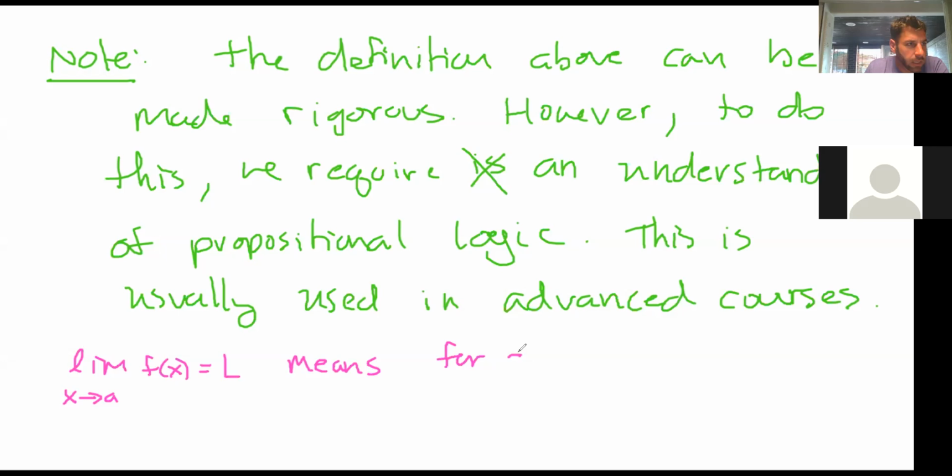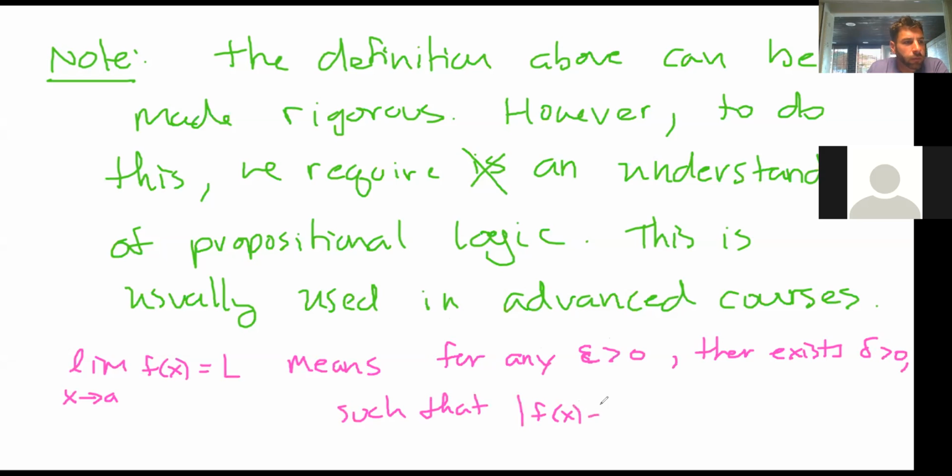So it means for any number you choose, we typically use this Greek letter epsilon, then we say there exists some other small number, which we reserve the letter delta, such that the distance between f of x and L is less than epsilon when x is arbitrarily close to A. So that is scary looking stuff.